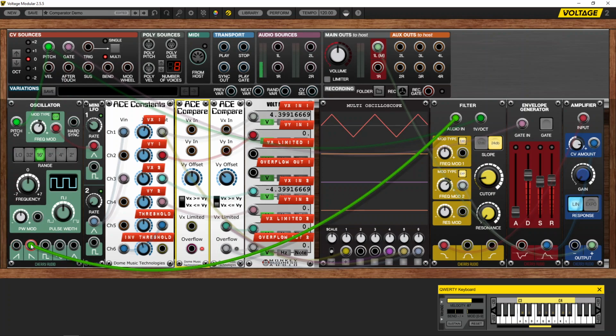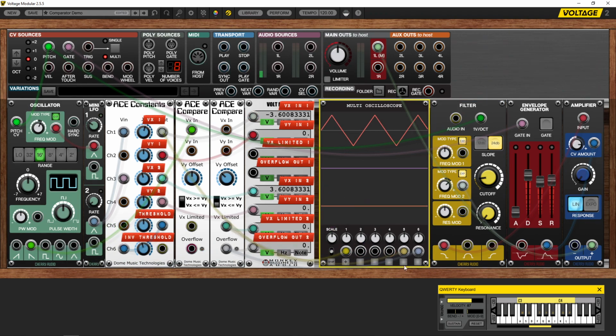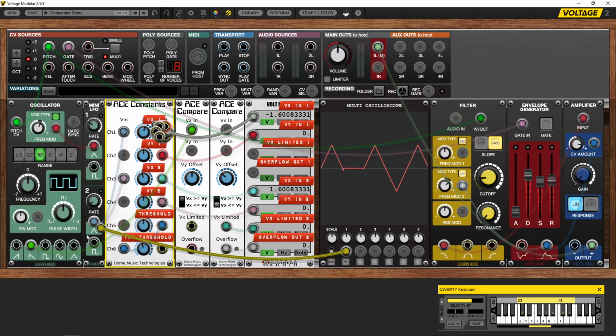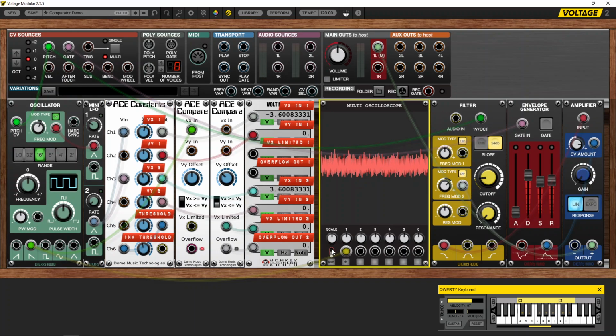So we've got the sawtooth wave going to the filter here. If instead we take it to Vx in, and on here, if we get rid of some of these traces, I'll just up the rate here. So there's the sawtooth wave that's coming into the oscilloscope here.